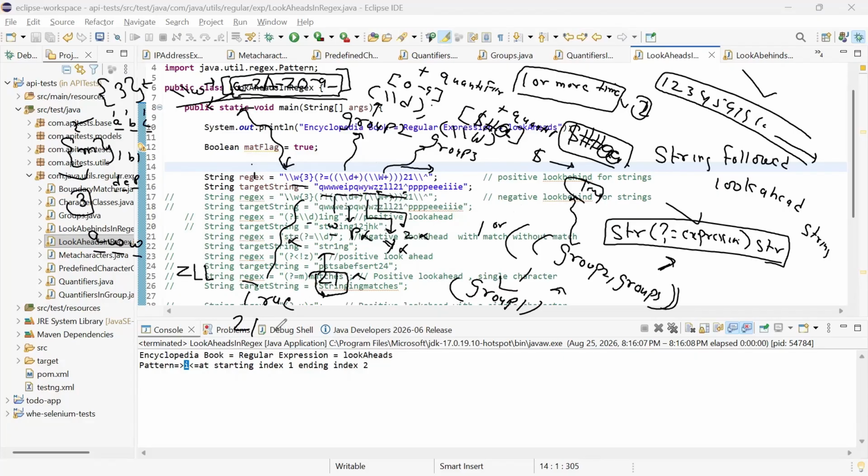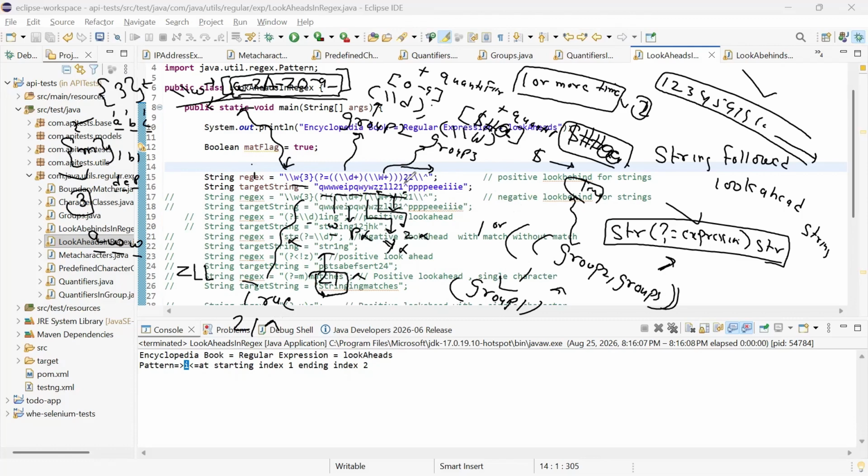With the combination of 21 caret, right? So 21 caret, right from this index of this one, 2, it has matched this pattern. Since it has matched this pattern, it is saying, I'll let you go ahead.